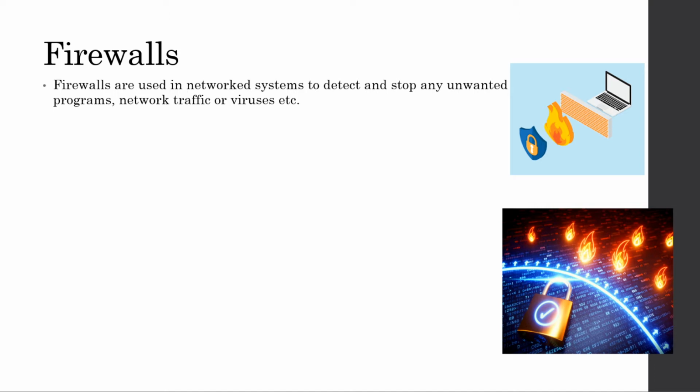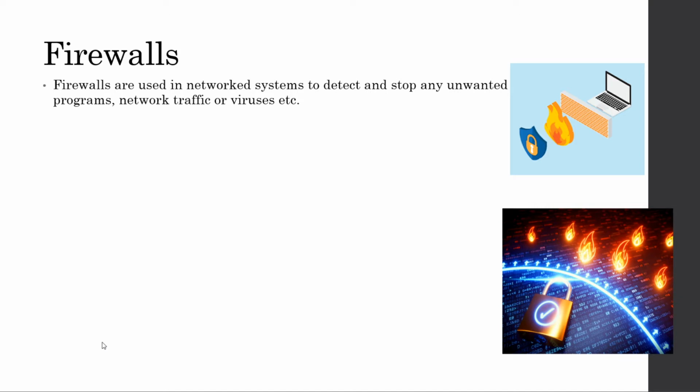But firewalls are used to detect any incoming and outgoing network traffic. So any traffic that's going in and out of the internet or between devices on a network, it will scan everything that's going in and out. If there's anything that it thinks is a virus or an unwanted file or anything like that, it will detect and try to stop it.